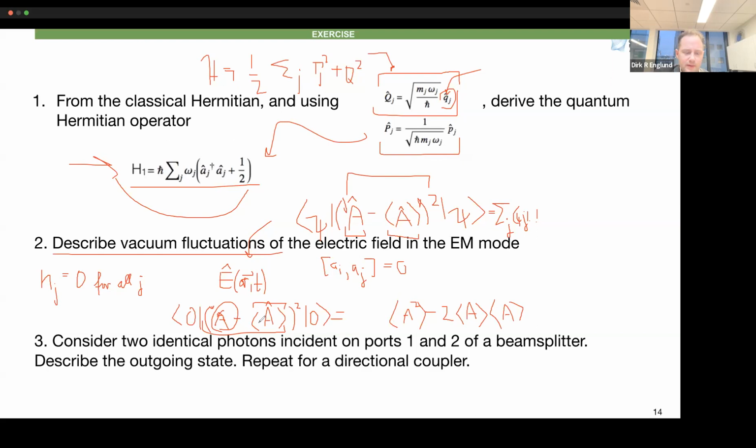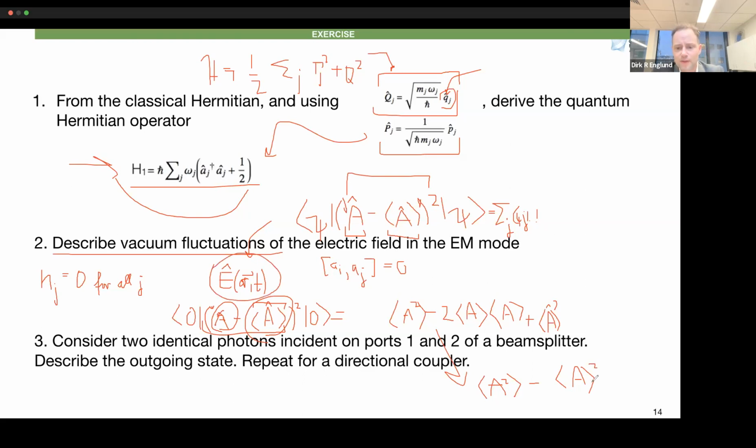And then, ultimately, plus the expectation of A operator squared. That's that term. All of this then becomes the expectation of A squared minus the expectation of A, squared.